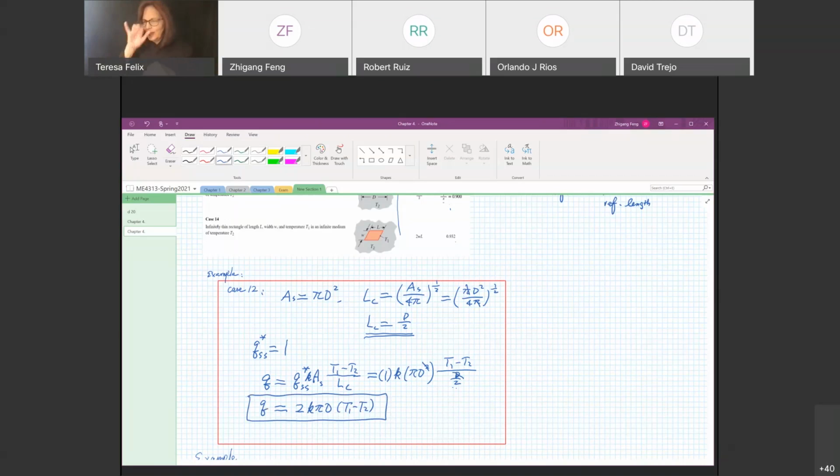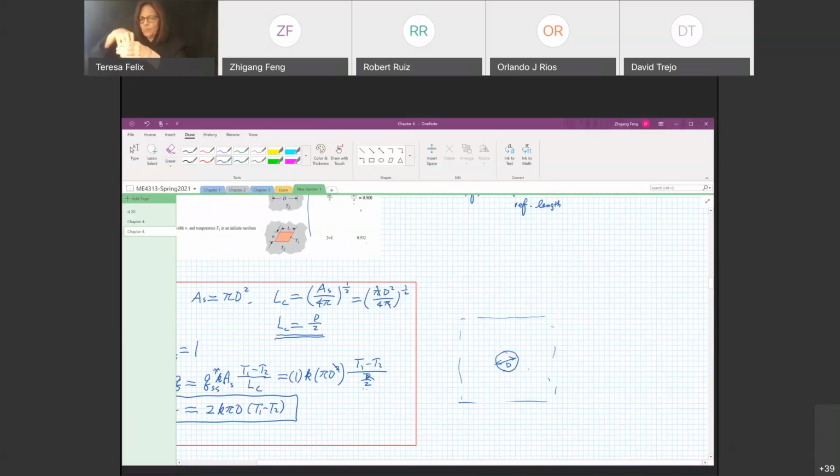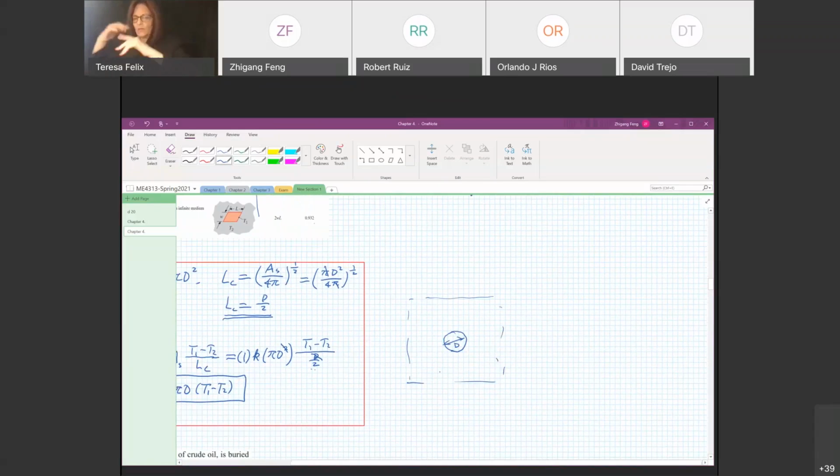So think about the case of an egg. Let's say we approximate an egg as a sphere with a diameter d and place it in water. Now, let's make an assumption that we only consider conduction. We ignore the convection. In reality, the convection is actually more intensive than conduction, but for the moment, let's assume conduction only.